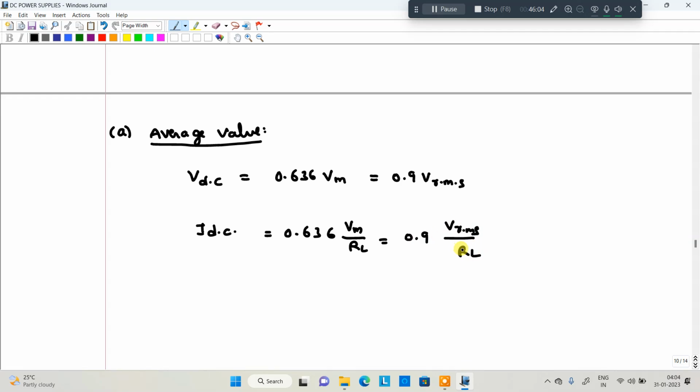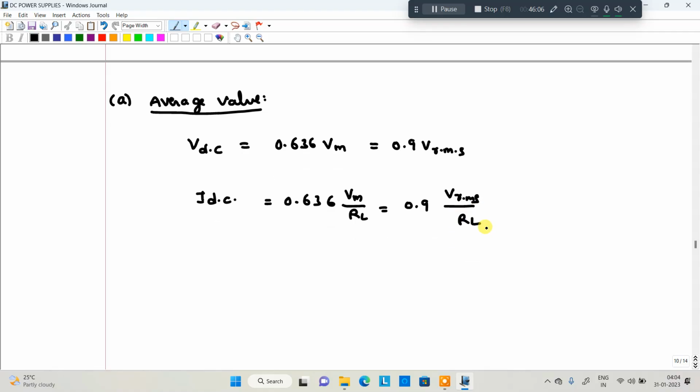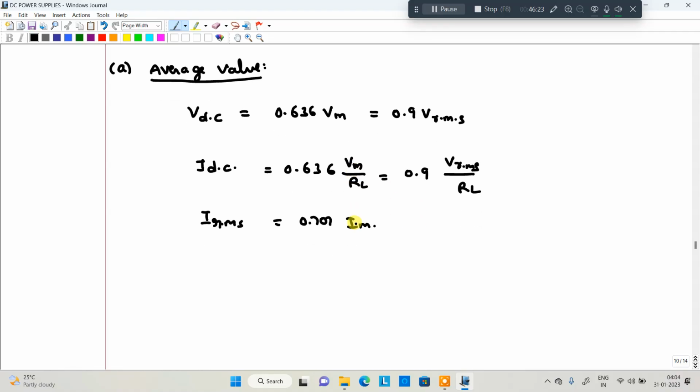After that, the RMS value: IRMS is equal to 0.707 IM. All the formulas are the same. The formulas present in the center tap rectifier are repeated here. Next, the form factor is equal to 1.11.